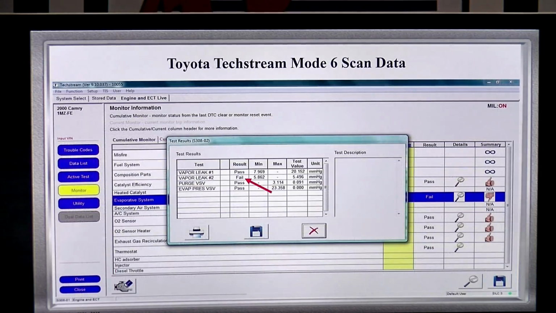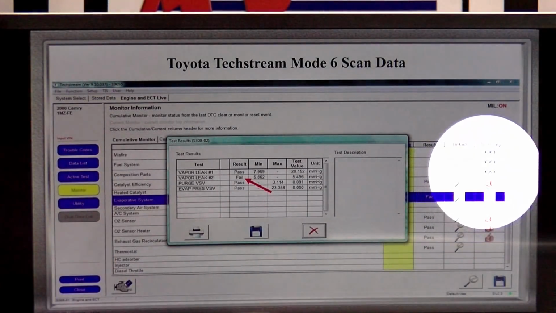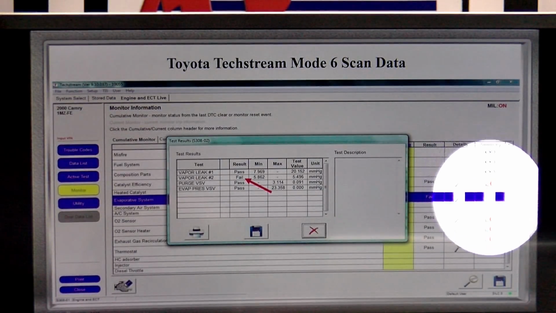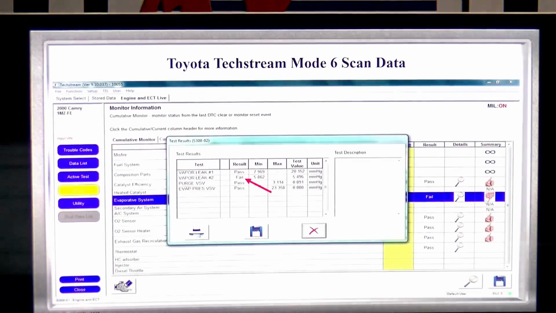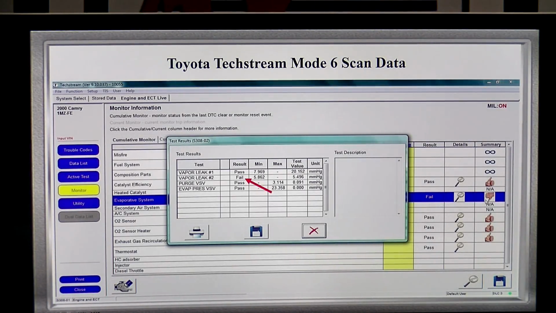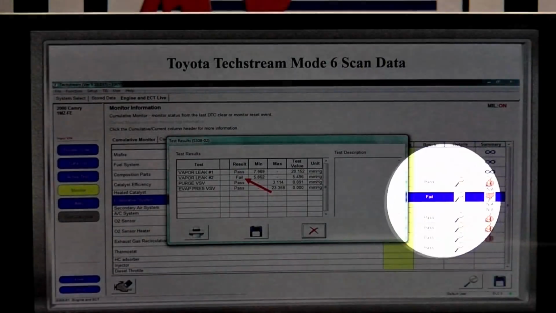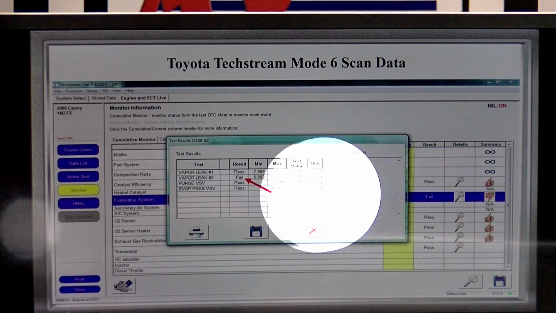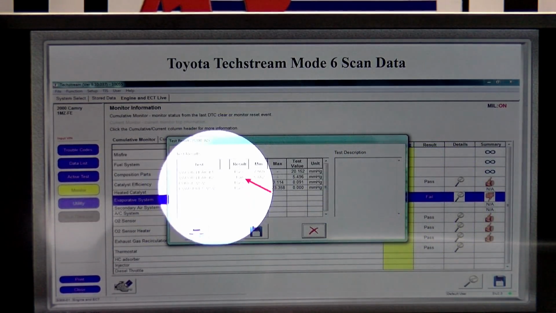Now, here is the Toyota TechStream in its Mode 6 generic mode. And you can see they give you, it's like the Fonz, the thumbs up, hey, everything is good, or the thumbs down, oh, it's no good there, right? That no good, and if you notice, it says fail. Now let's go over to here. These are the test results.